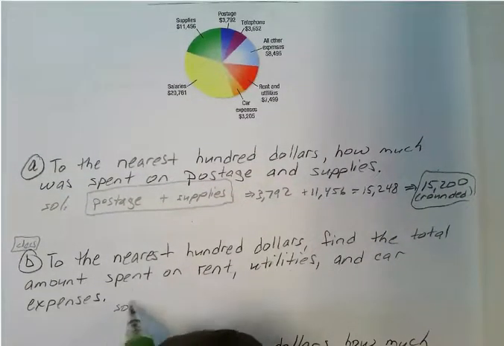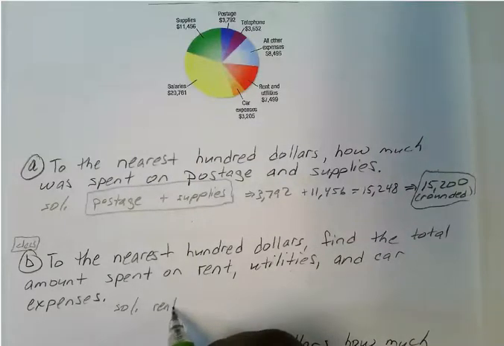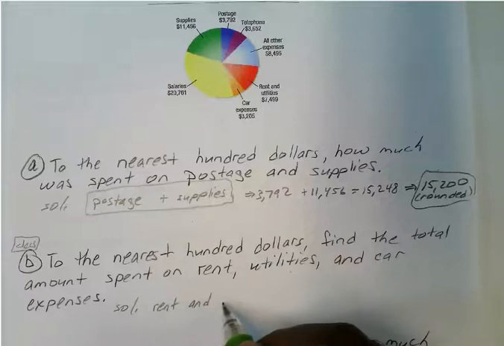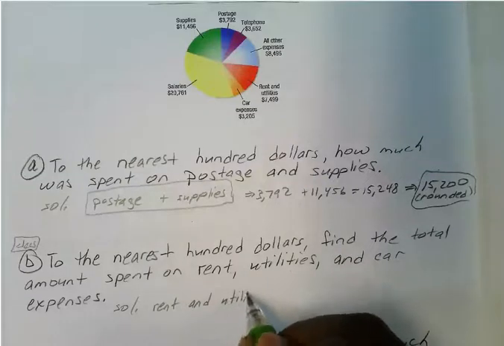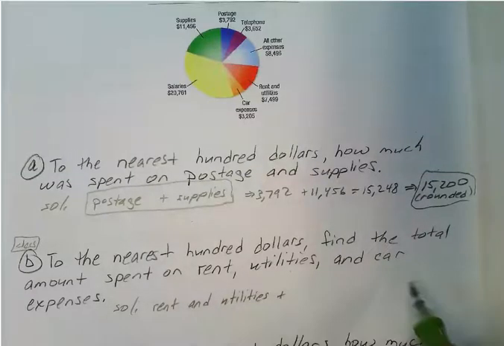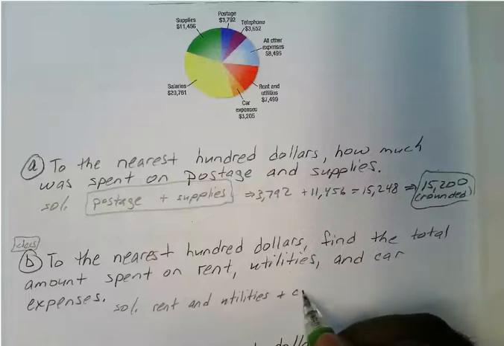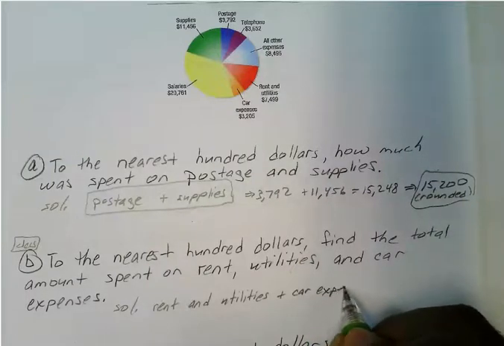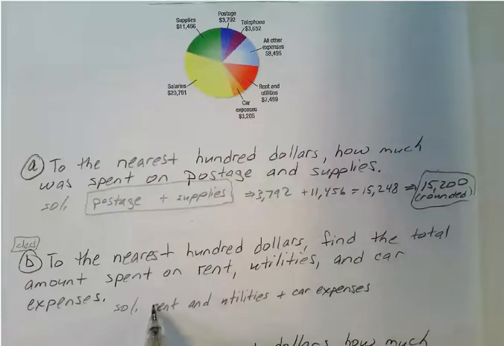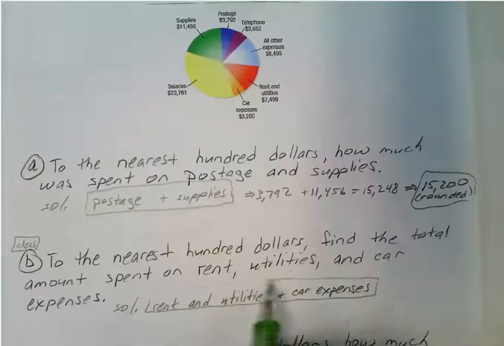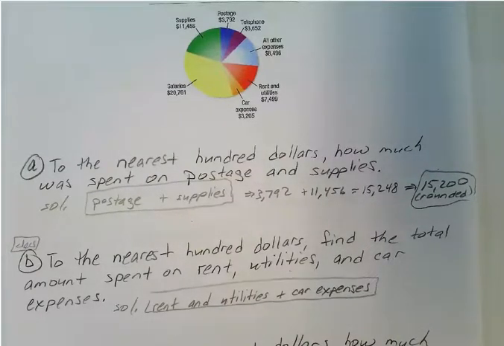So if we go ahead and solve this one, you have rent and utilities plus car expenses. Go ahead and separate that.